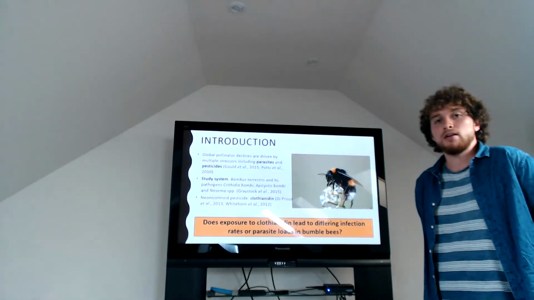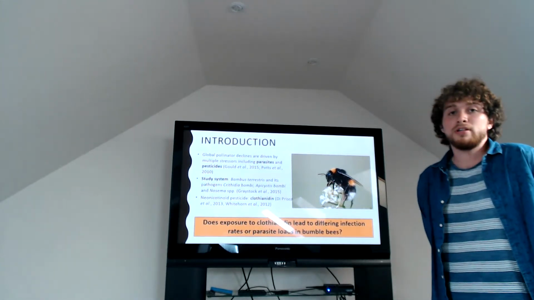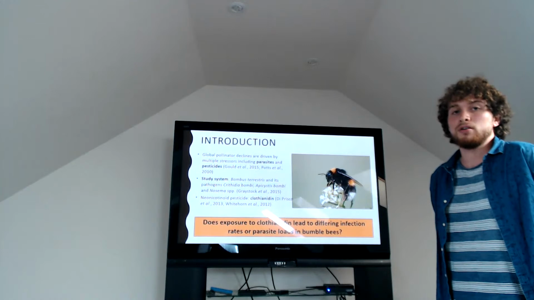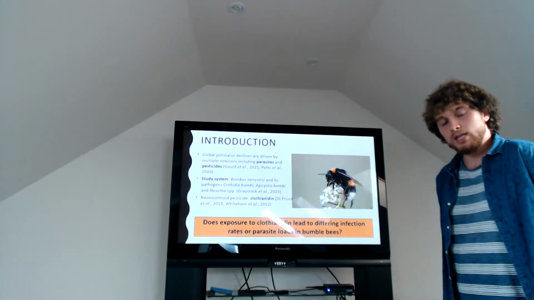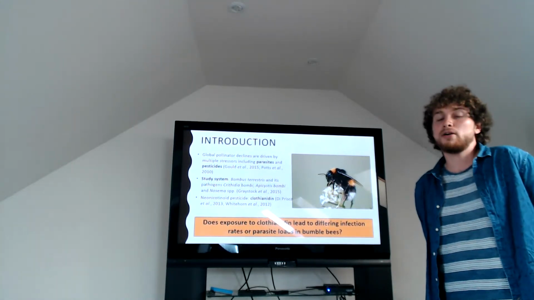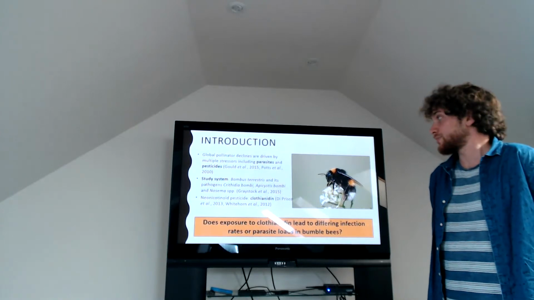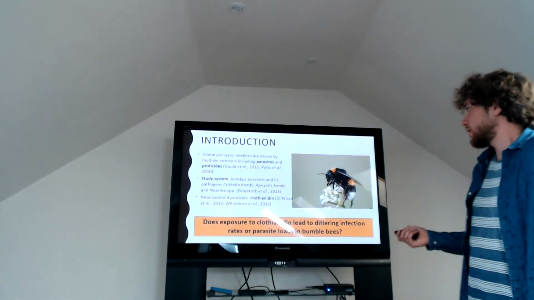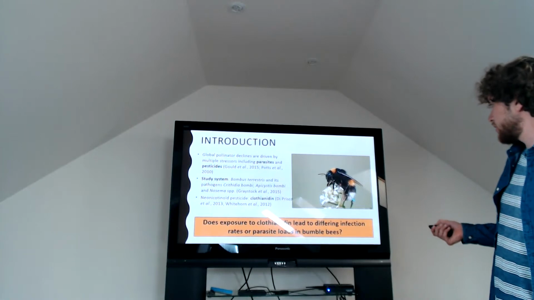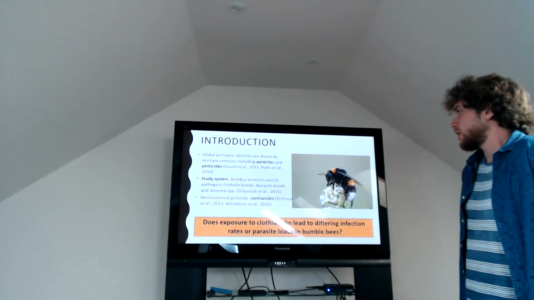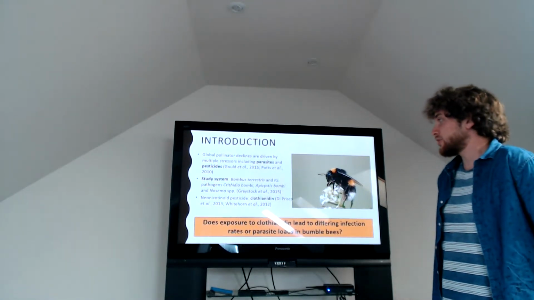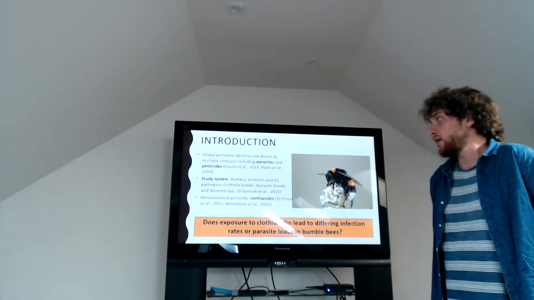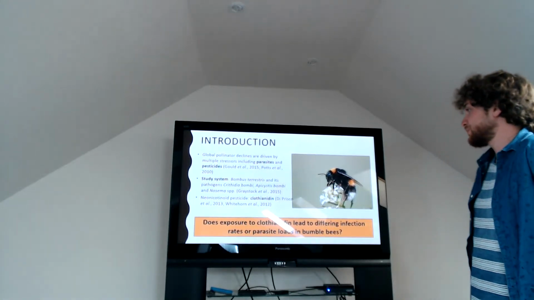So as I mentioned earlier, global pollinator declines are being driven by a variety of stressors, and those stressors include parasites and pesticides. So our study system here is the lovely buff-tailed bumblebee that you all know, alongside some of its gut pathogens, Crithidia bombi, Apicystis bombi, and the Nosema species.